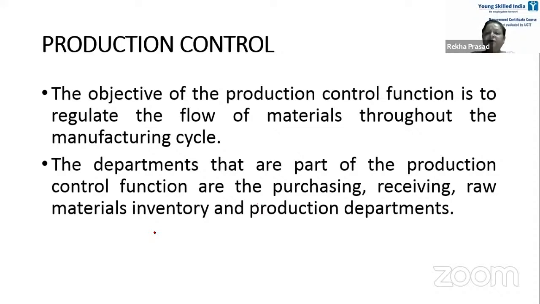It is flowing from one to the other. From purchasing, you are receiving the raw material, then you are keeping an inventory of the raw material, how much is required, how much you have bought, where it is required, where it has to be passed, in which department it has to go.